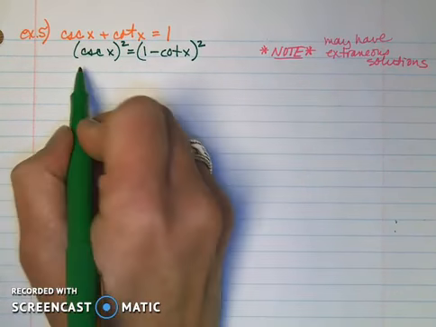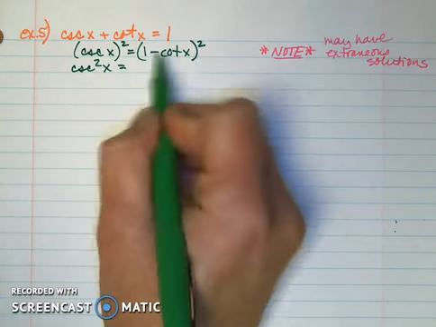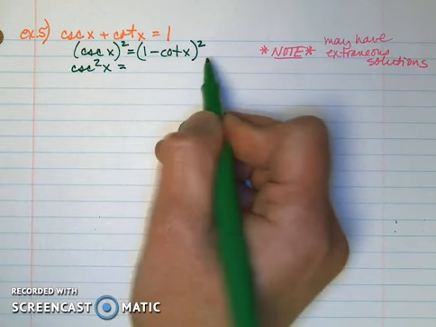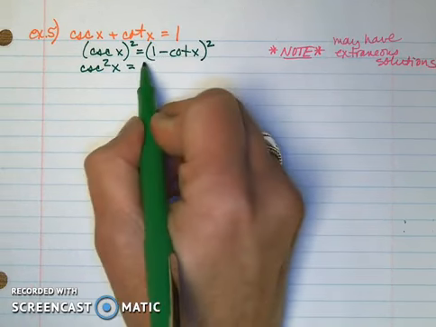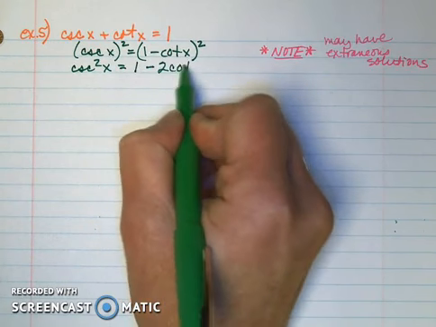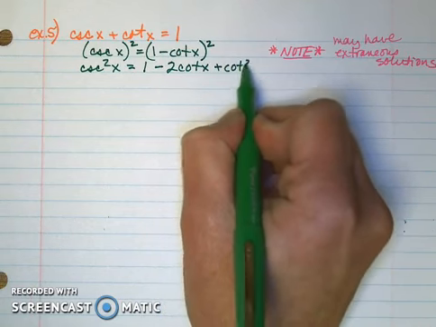This gives me cosecant squared x. When I square this term out, remember that's 1 minus cotangent times 1 minus cotangent. FOIL that out. First term is 1. I will have a middle term of negative 2 cotangent x. My last term will become positive cotangent squared x.